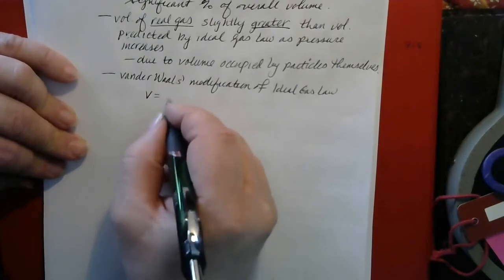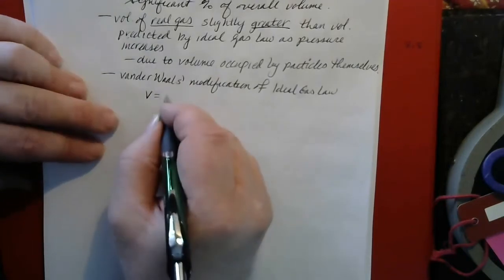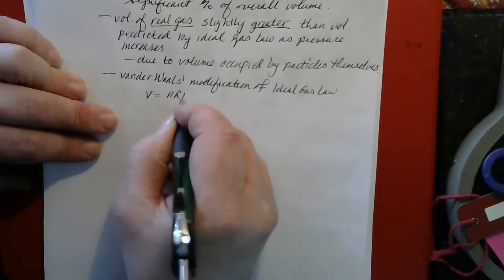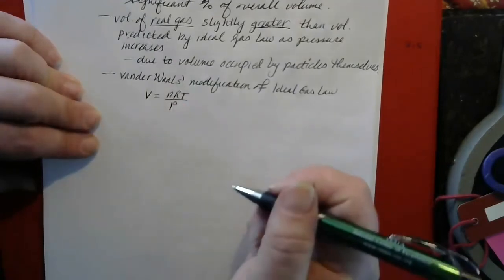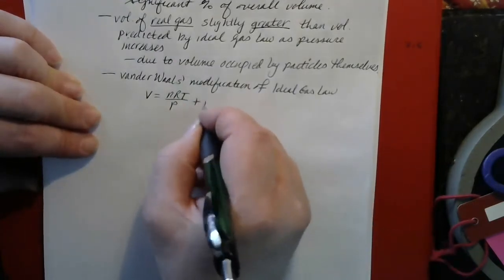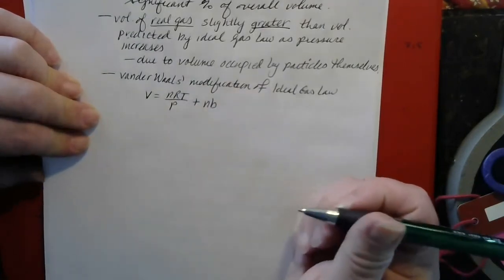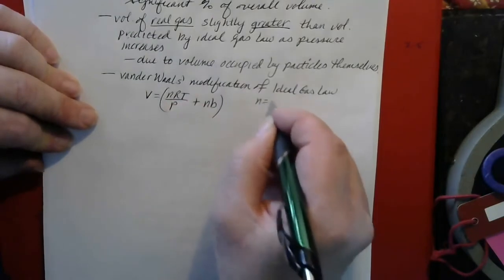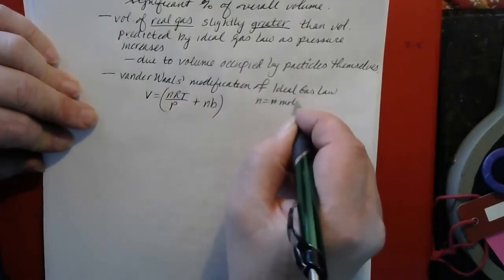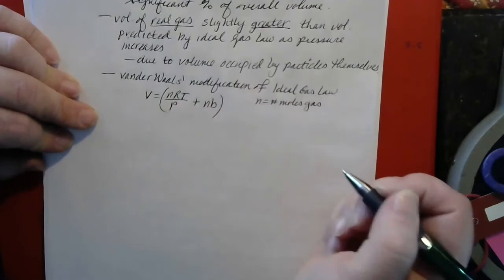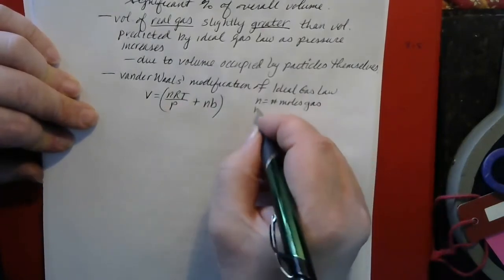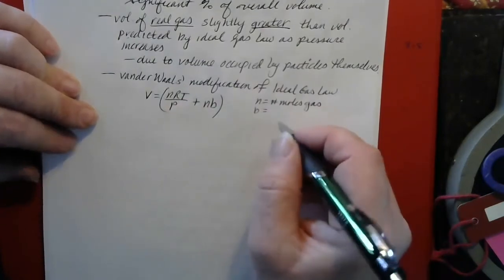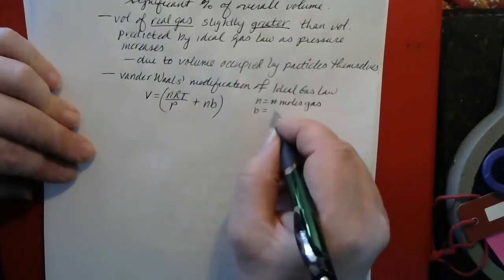And so he said volume is equal to nRT over P, that's the ideal gas law, plus this extra factor, which is nb, where n is the number of moles of gas, and b is a constant that depends on the identity of the gas.